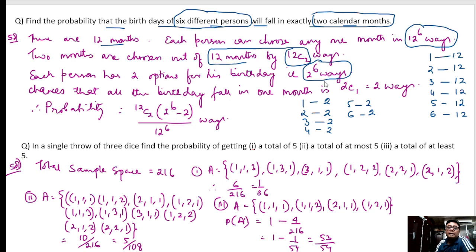Okay, now in that case what will happen? First I have chosen 2 months, and then the total options for the birthdays in those 2 months will be 2 to the power 6. But please remember that among these there can be an option in which all the persons have their birthday in the same month.